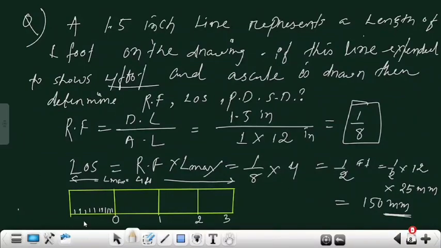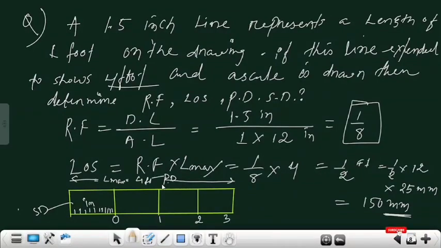This will be in inch. This is the primary division, which is 4 feet, and this is the secondary division. Let's complete the example.